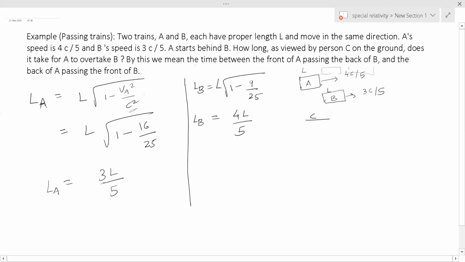According to C, he is seeing these as different lengths, LA and LB. So in order that the back of A crosses the front of B, only then can we say it has overtaken. The total length traveled would be LA plus LB. If they are the same length, it's twice the length, but in this case it is LA plus LB.